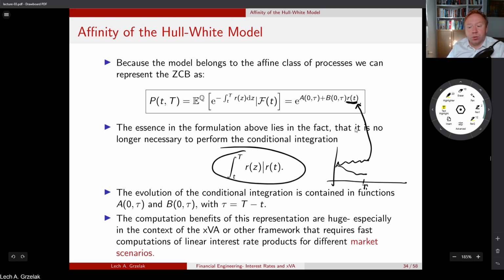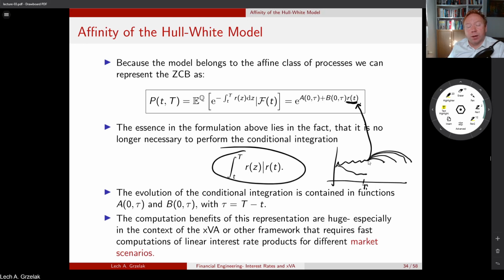If I change the maturity T, it does not change the path, so I only need to reevaluate functions A and B. If I'm interested in a bond of this maturity, or this, or this, I don't need to redo my Monte Carlo simulation. I'm only plugging the same RT into the expression of the zero coupon bond and changing functions A and B, which depend on the maturity. And this is extremely powerful.